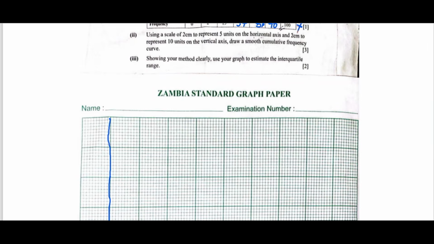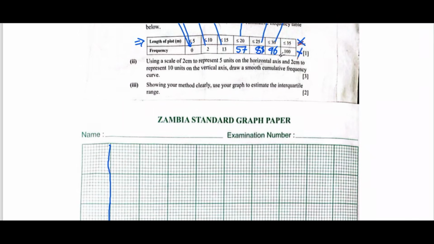The scale for the x-axis is 2 centimeters to represent 5 units. Now let's look at the lowest number. The lowest number for x is 5, then the highest is 35. So we need to make sure that we make the scale up to that.